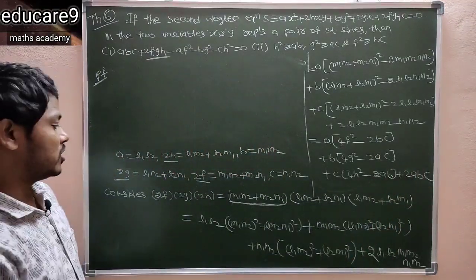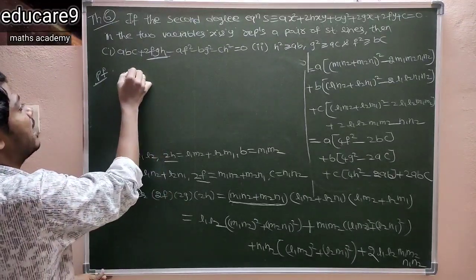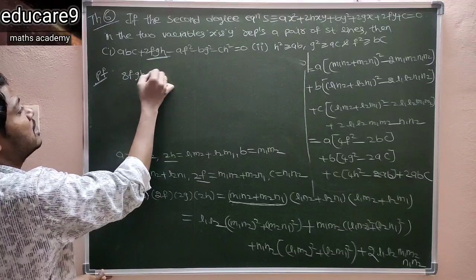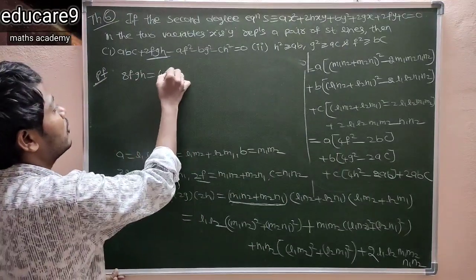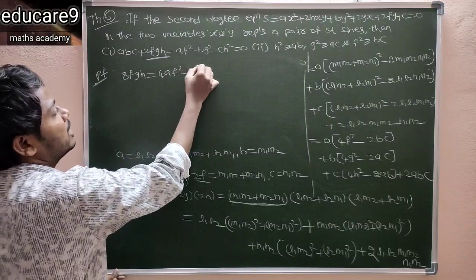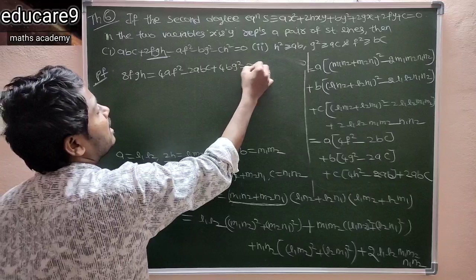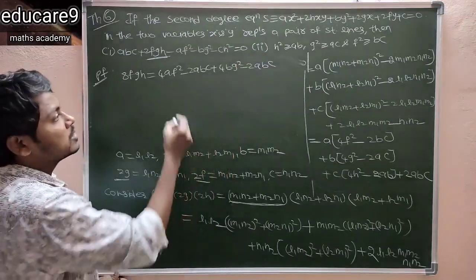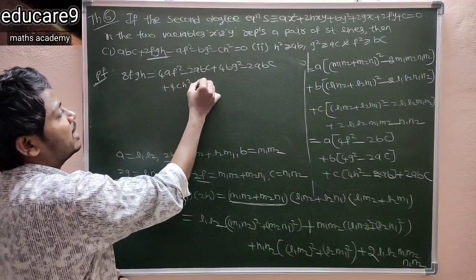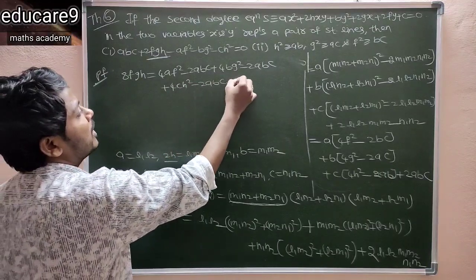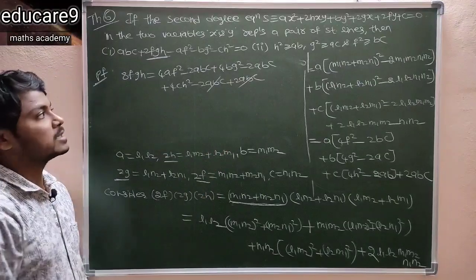Now this is 2f into 2g into 2h, that is 8fgh equals 4af square minus 2abc plus 4bg square minus 2abc, next 4ch square minus 2abc plus 2abc. So minus 2abc plus 2abc get cancelled.